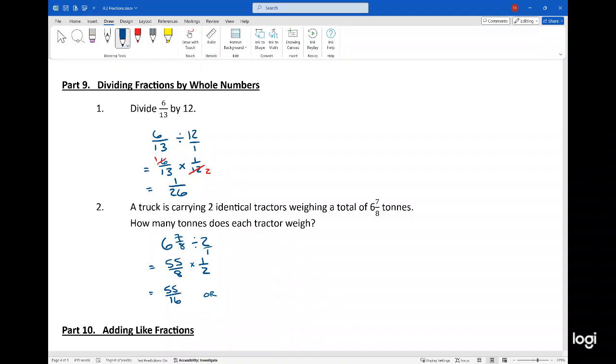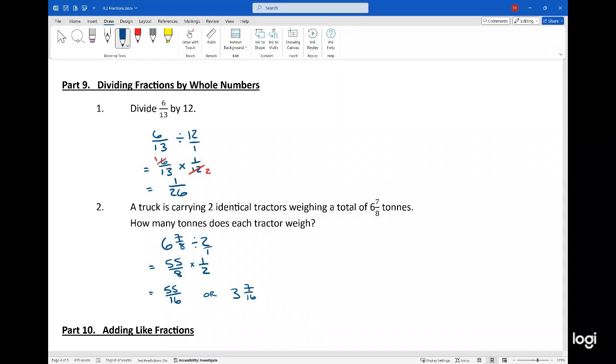I could divide that by 3, and I'd be left with 7/16. So 3 and 7/16, which makes sense. Half of 6 and a bit is going to be 3 and a bit. And half of 7/8 would be 7/16. Again, I wouldn't be too offended on a test if you left it as 55 over 16.